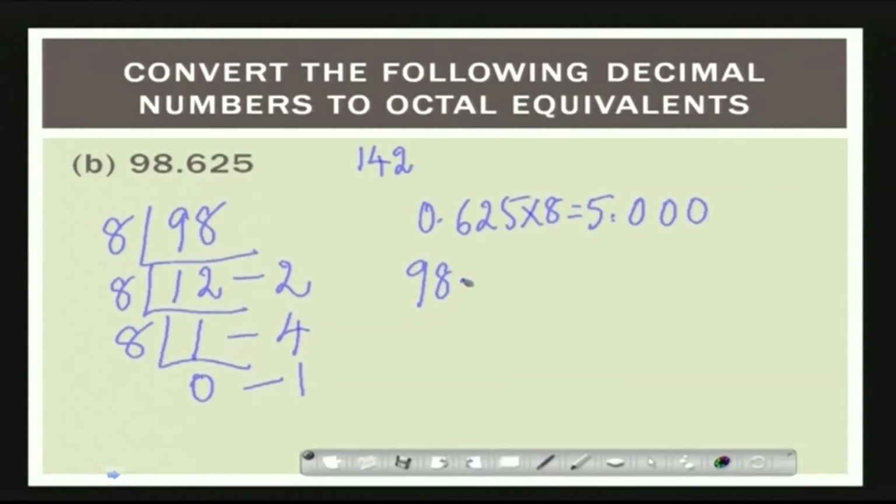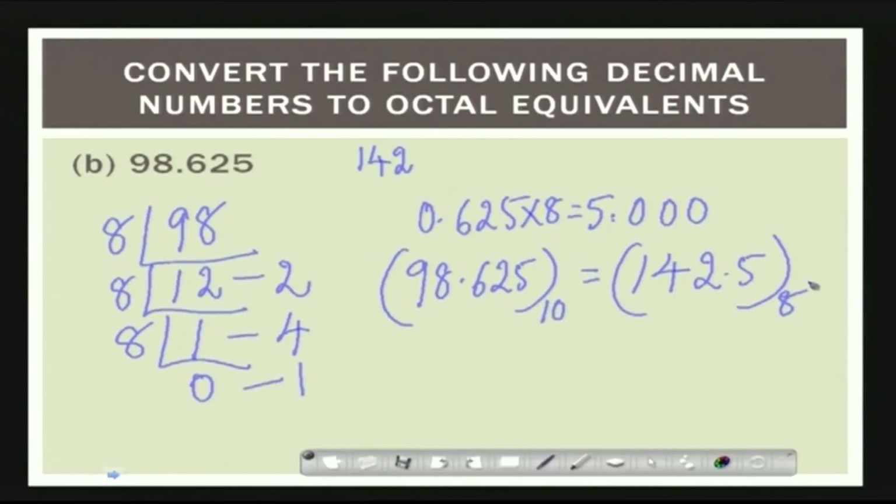The answer for 98.625, which is taken in the decimal form, is 142.5 in the octal number system. So, what we have taken as 98.625 in the decimal number system gets converted to 142.5 in the octal number system.